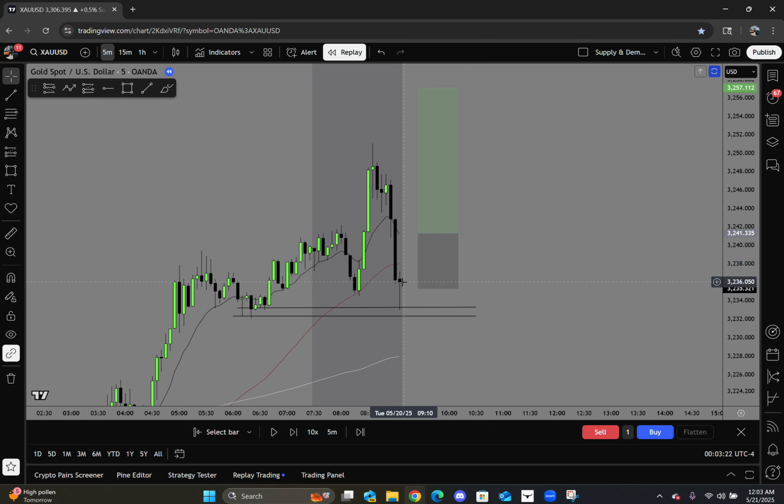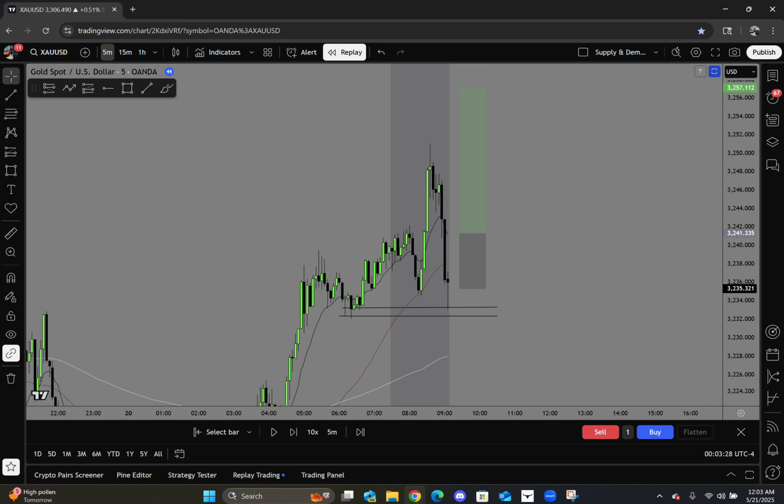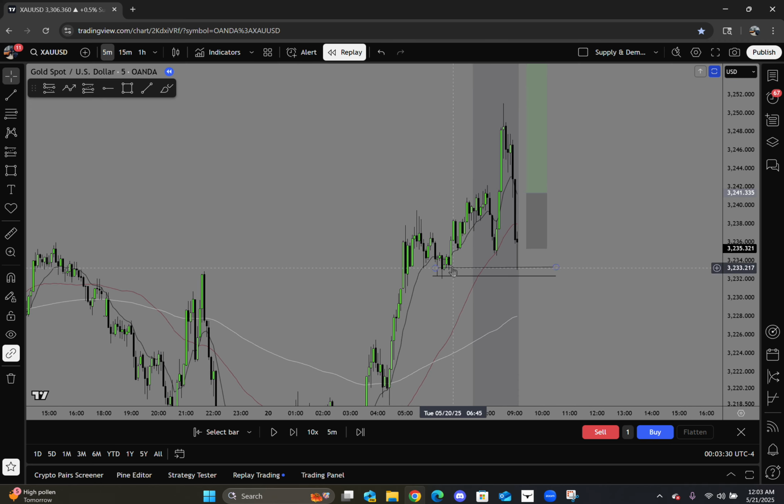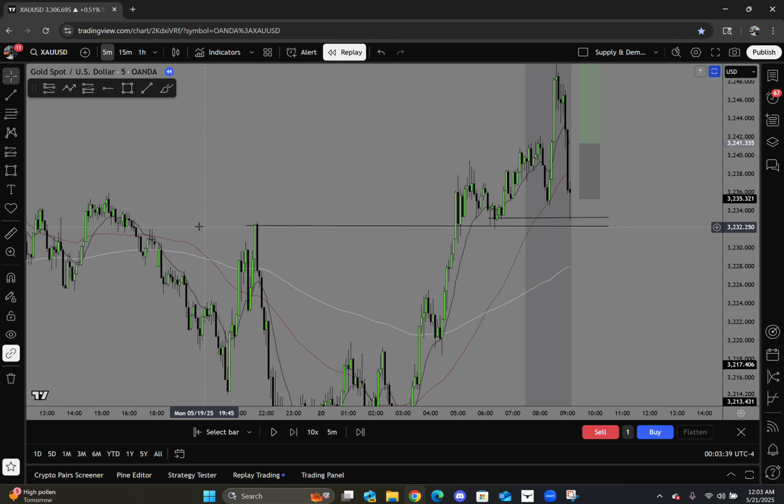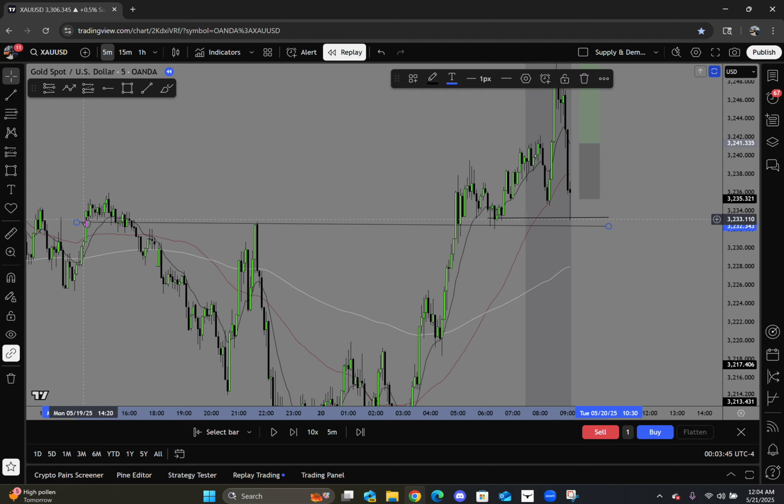Alright, then I saw this candle come down and reject off this support zone, right? And then once I zoomed out, I saw that this support zone also stretched all the way over here to this recent resistance right here. So this whole zone was a resistance. Price came up to the zone, bounced off, and pushed down.